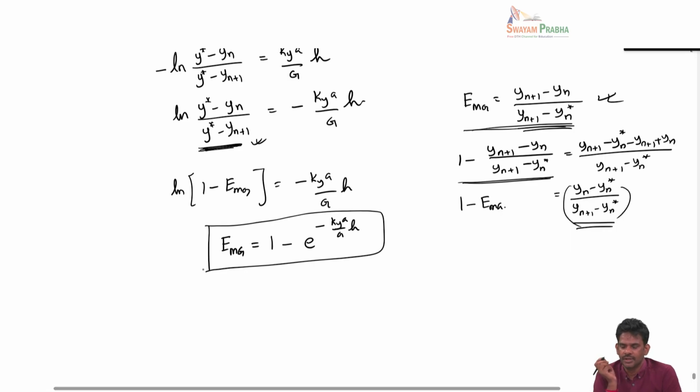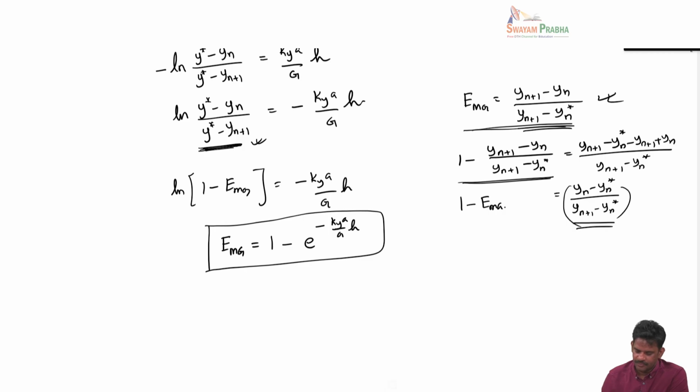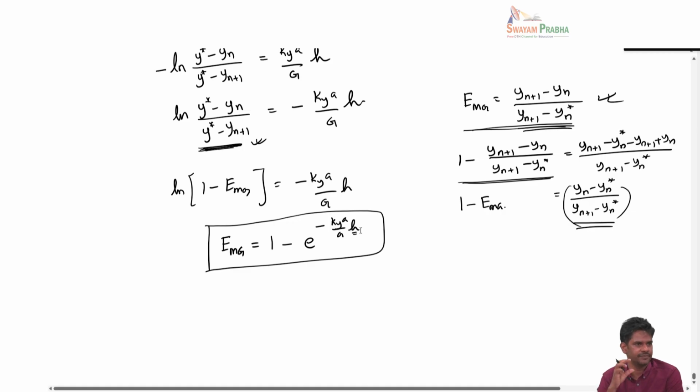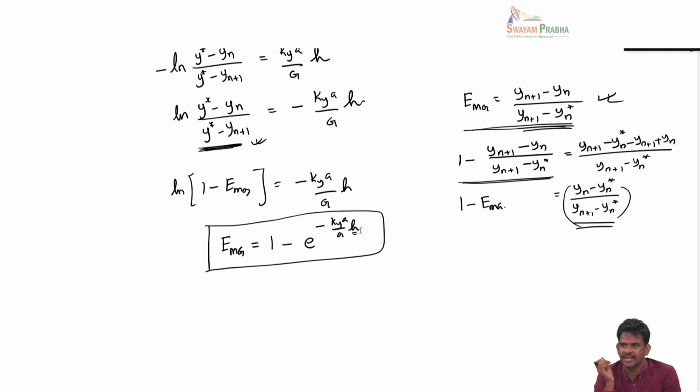You can see that this Murphy efficiency depends on many of the geometric variables as well as the operating conditions. For example, it depends on h, how much height you provide for the liquid column to be available in the gas liquid contact.